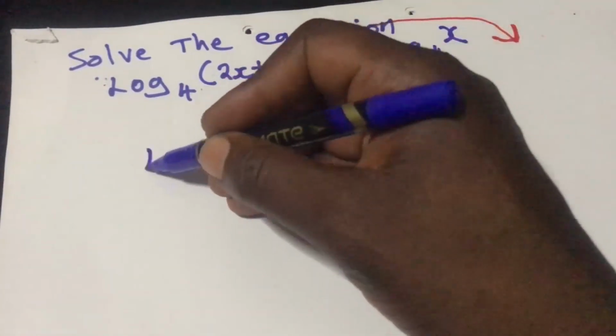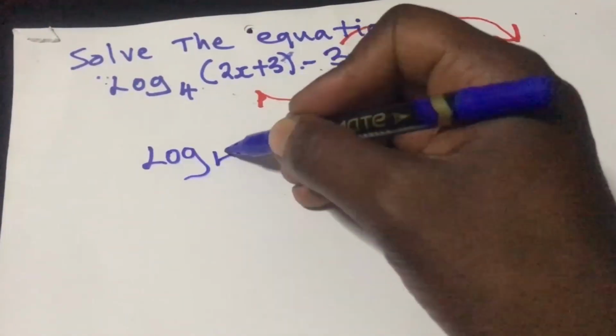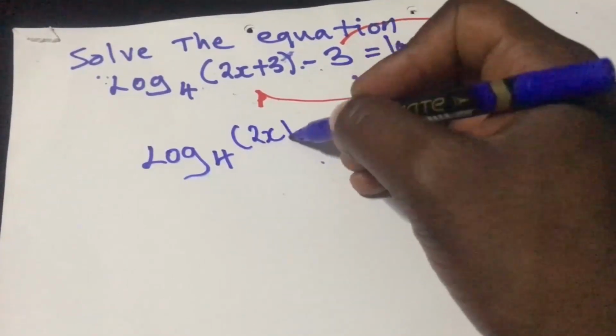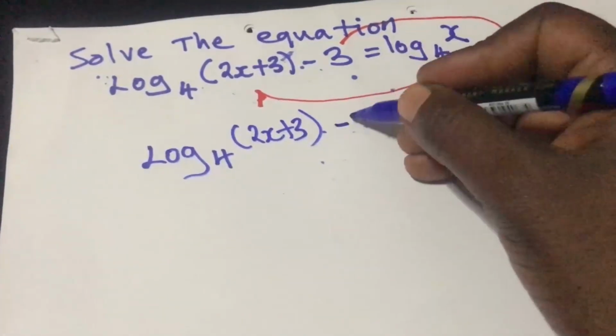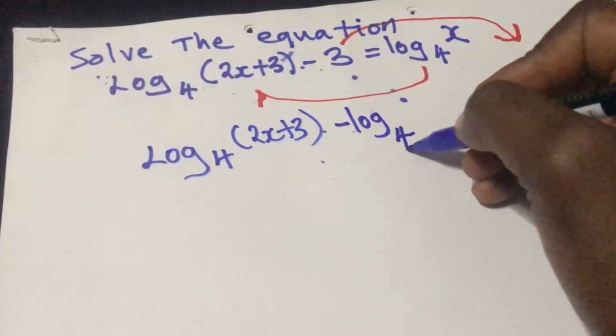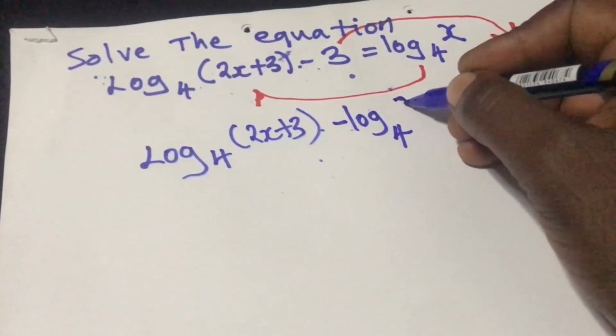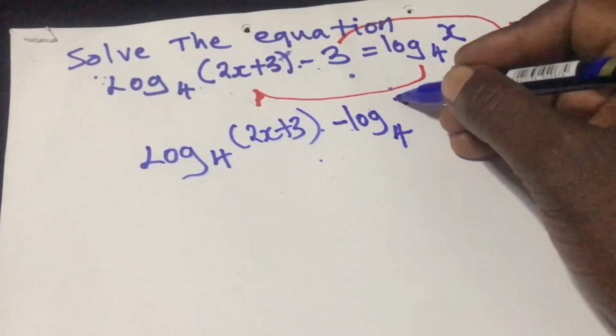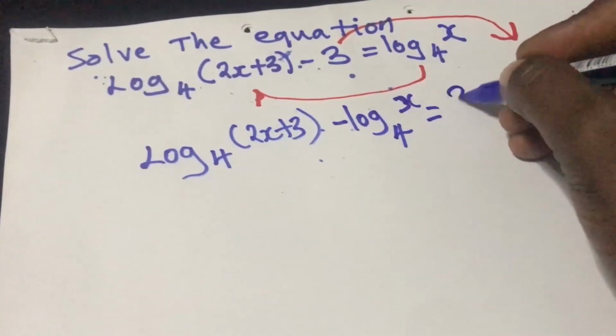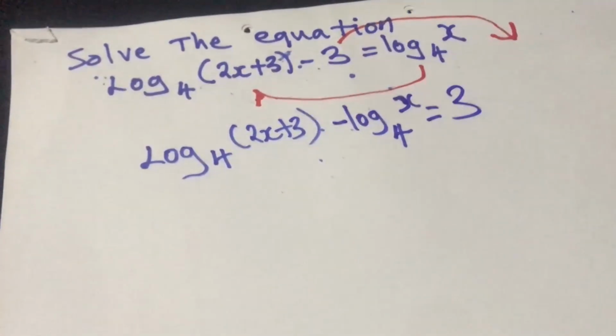So we are going to say log base 4 of (2x plus 3) minus log base 4 of x is equal to 3, because when the 3 moves this side, it is going to be positive.